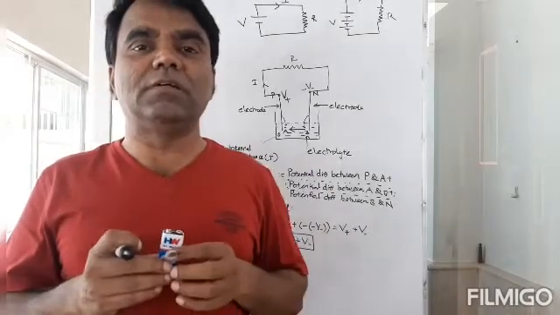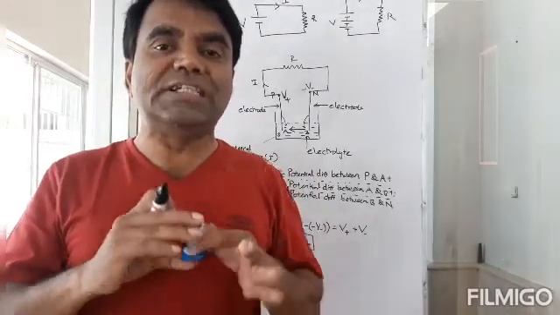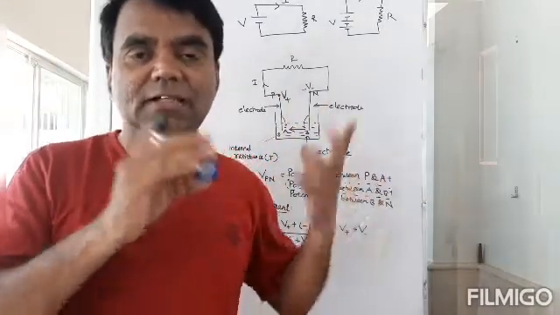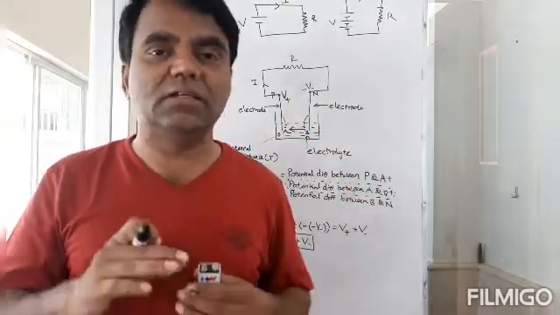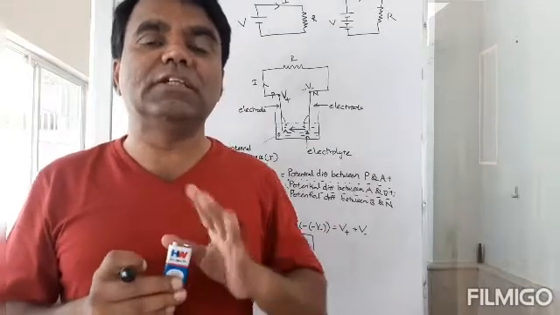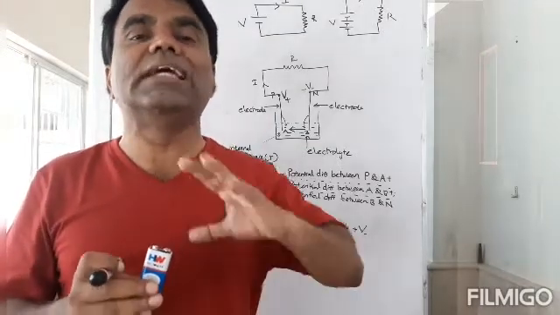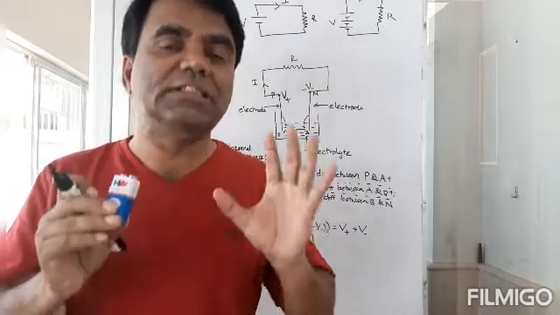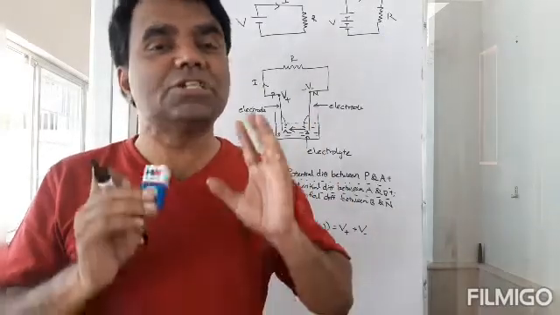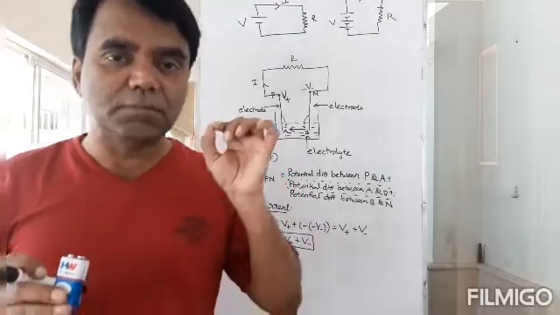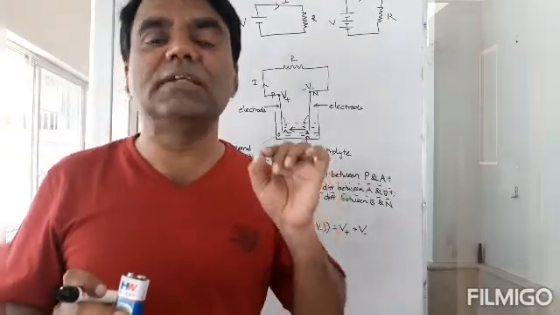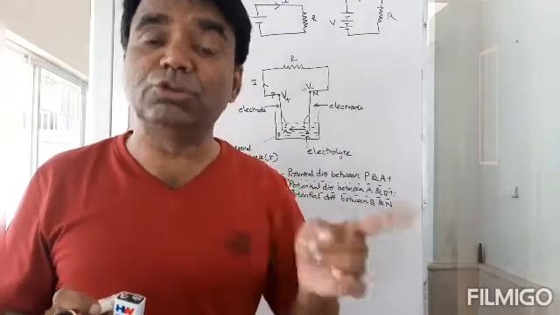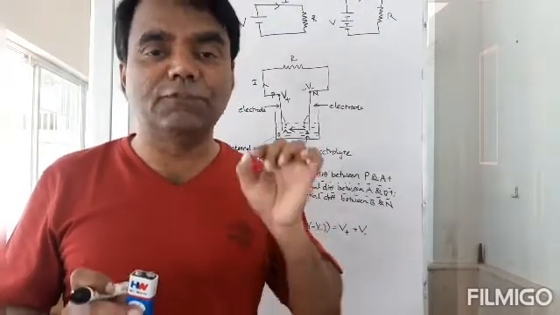But the people who initially came up with this idea of a cell, and then studied how cells behaved, thought that it was a force, and then they gave the name EMF, electromotive force, and we are stuck with that name. Okay? But it is not a force, it is a potential difference. So the unit of EMF is not newton, even though you call it force, it is volts.